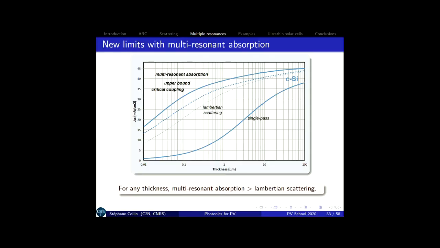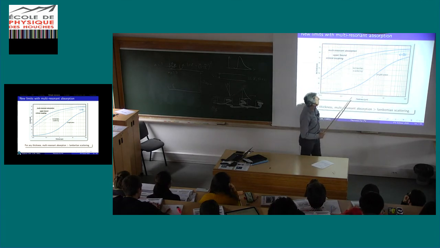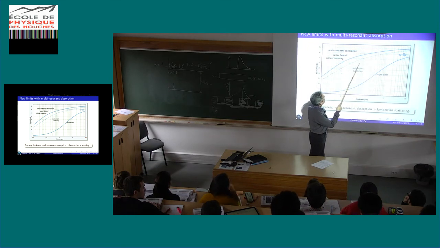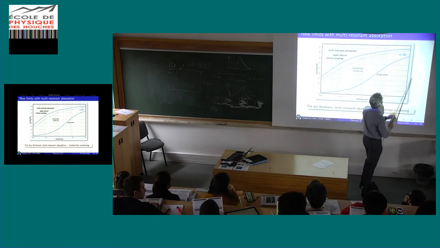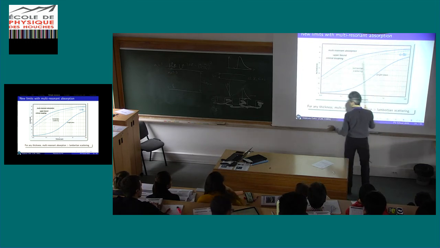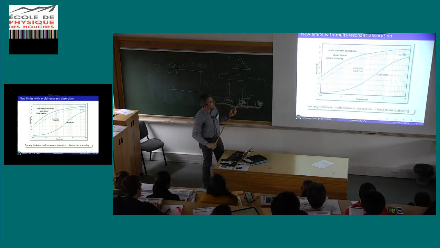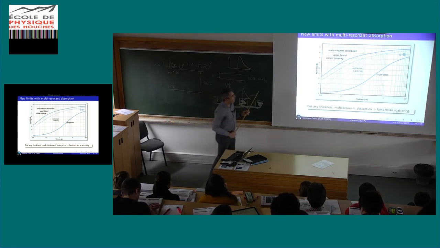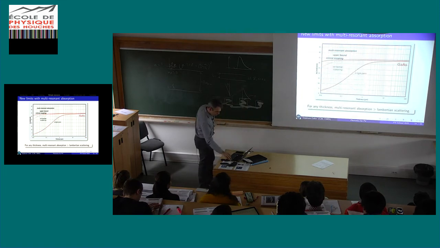And so you can plot the short circuit current you calculate as a function of the thickness with these different models, so single pass absorption, Lambertian scattering, or even multi-resonant absorption. What you see is that if you look at the short circuit current you have at 1 micron, you could have the same short circuit current with much thinner, actually about 50 times thinner absorbers, if you are able to use light trapping and efficient light trapping.